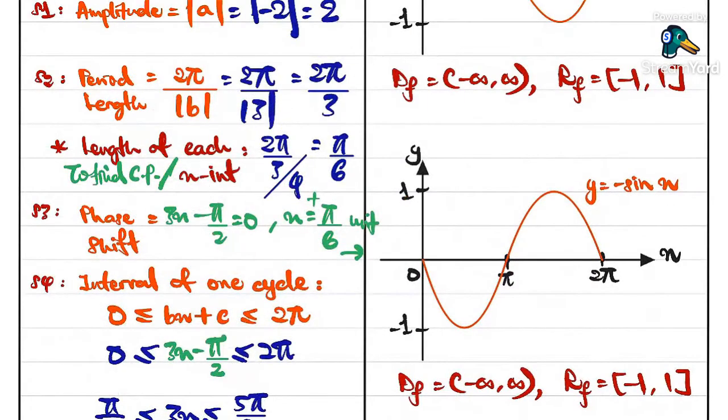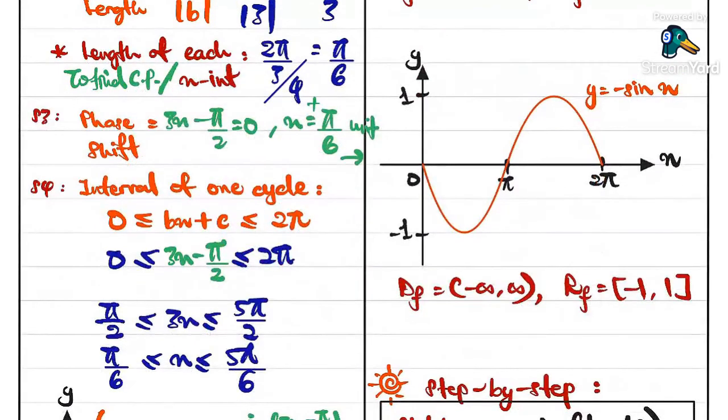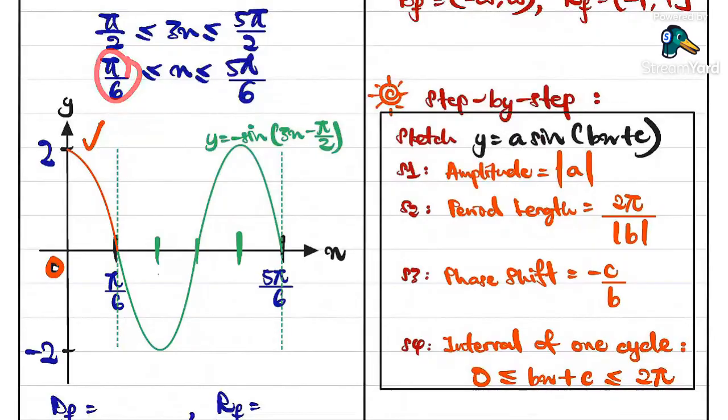And so, as you all understand already, the distance from one critical point is pi over 6. Therefore, I will add from pi over 6 here. I just add pi over 6, and then I get 2 pi over 6, which is pi over 3.